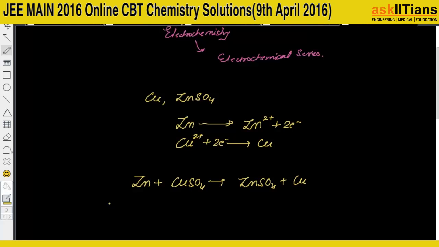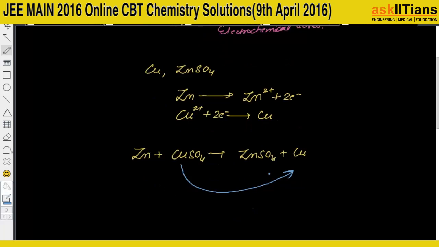Because I know that the reduction potential of zinc is less as compared to the reduction potential of copper, because Cu2+ has always got the tendency to get reduced as compared to the tendency for Zn2+ to get reduced. Also I can say that zinc prefers to be there as Zn2+ when copper has a tendency to get reduced to copper.